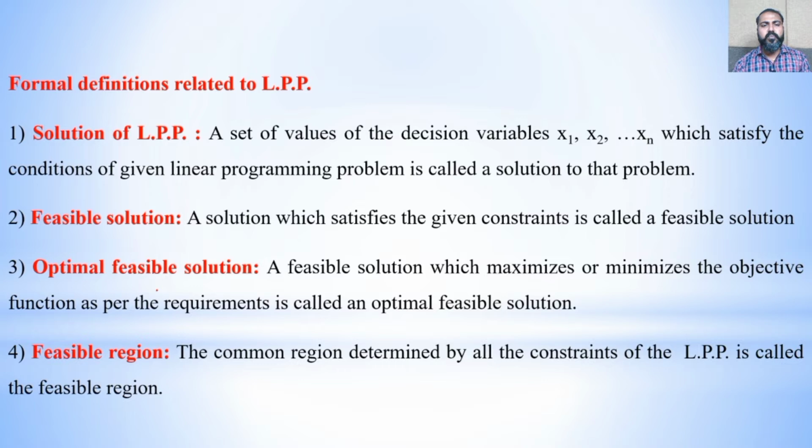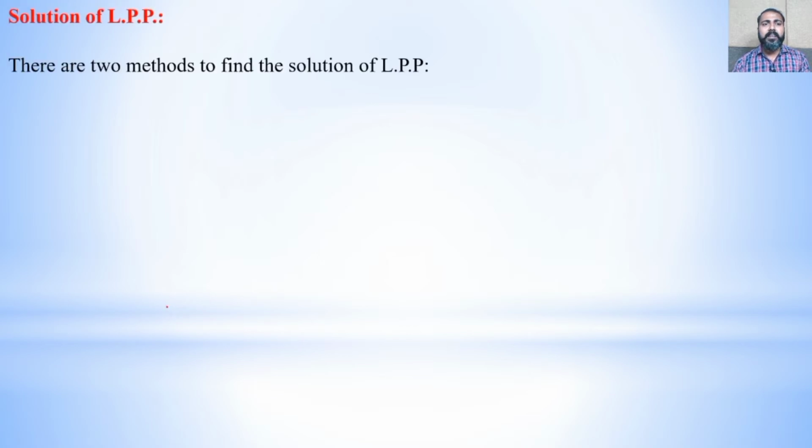Fourth one is feasible region: the common region determined by all the constraints of the LPP is called the feasible region. Now we see solution of LPP. There are two methods to find the solution of LPP. The first one is graphical method and the second one is simplex method.